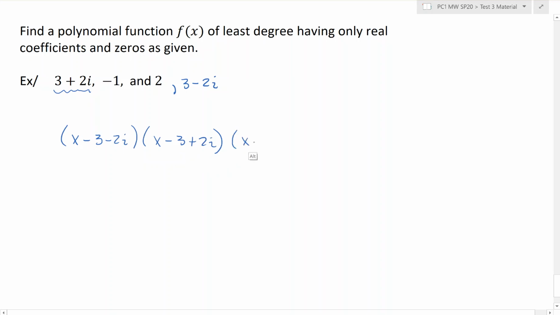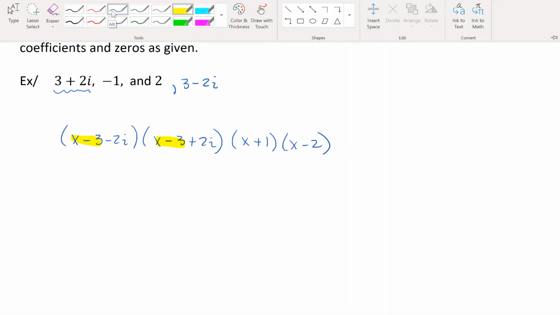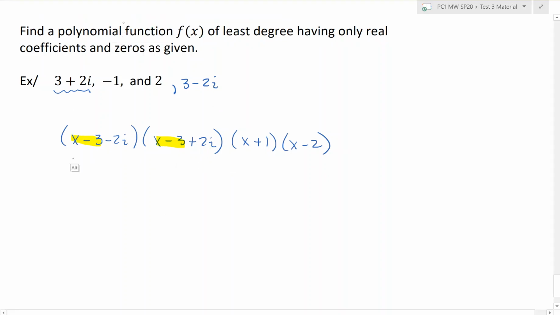And then I have x minus a -1 and x minus 2. And it's going to be easiest if you view this way. This is a something minus 2i and something plus 2i. Something of that form is going to be conjugate pairs, so we don't have to multiply out these things and get 9 terms out of it.